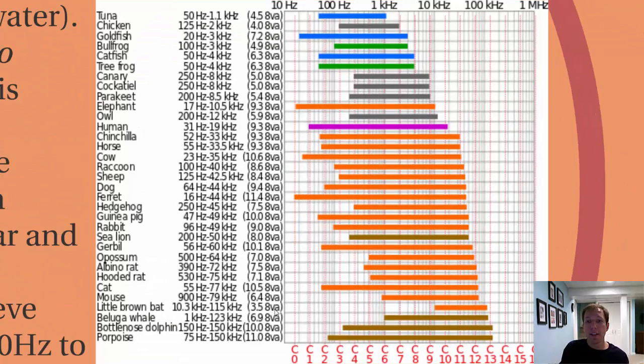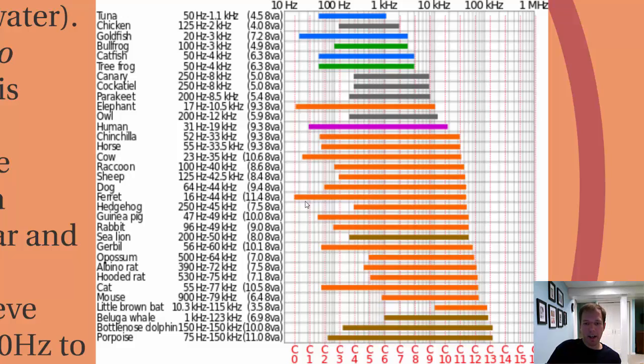Now, that sense of sound perception is not the same between different species. So you can see humans, which appear here in pink, and the range of sound that we were able to perceive. As you look at other animals, some of them have much smaller ranges, so you see here some of the, for example, types of birds in gray. But a lot of other mammals actually have a much wider range.